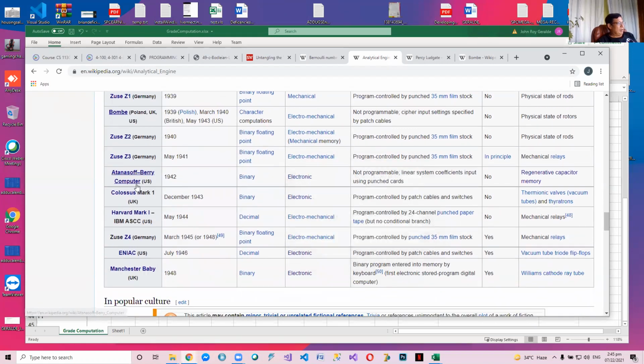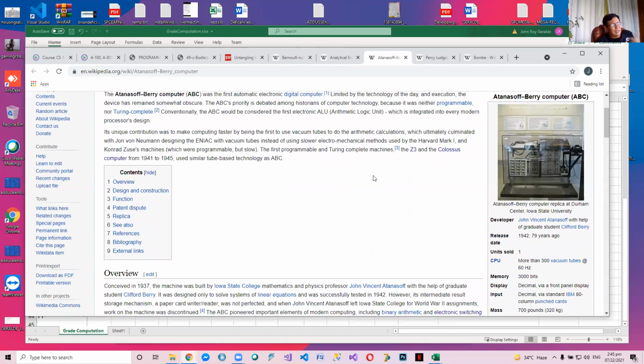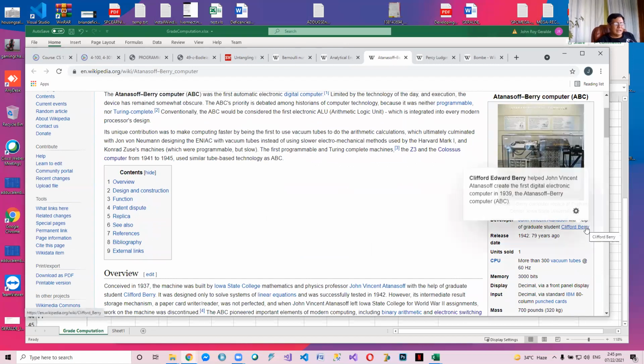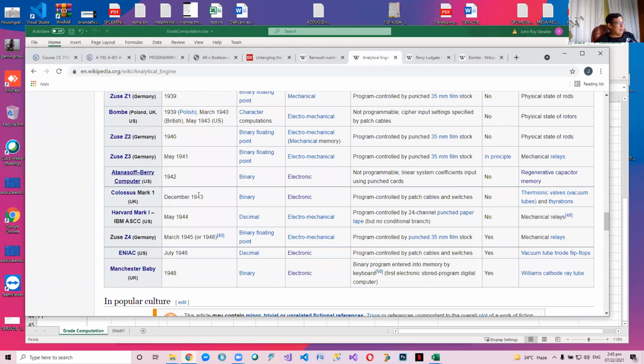By 1942, another descendant is the ABC computer, Atanasoff Berry computer, by John Vincent Atanasoff and Clifford Berry from Iowa State University. They released it during 1942, during the war. Now, it was not considered a full computer, but the significance of the ABC computer was that it was the first machine that used regenerative capacitor memory.